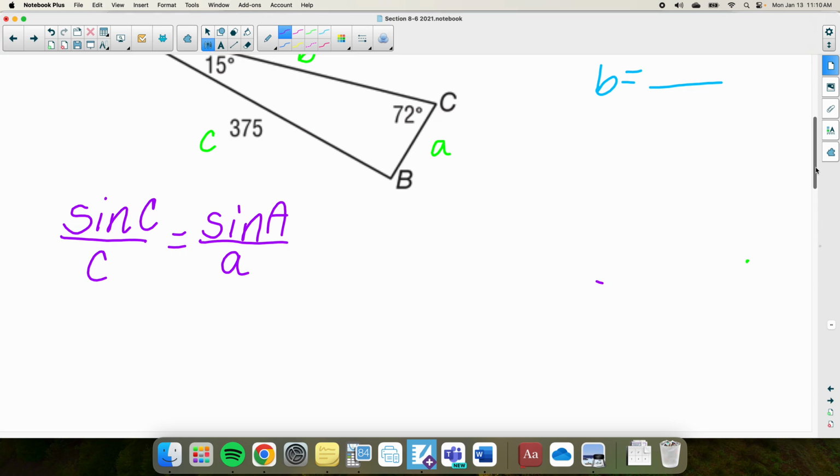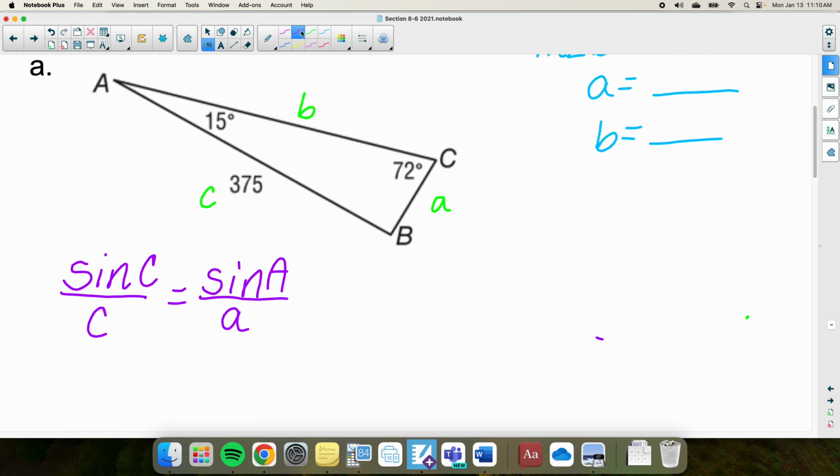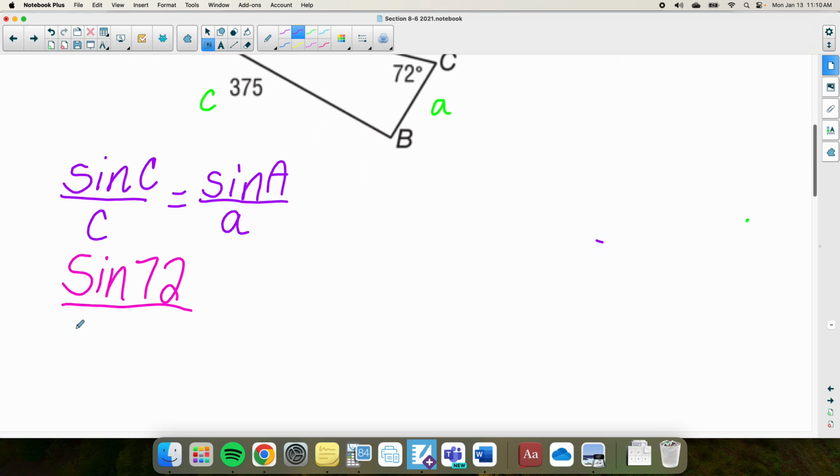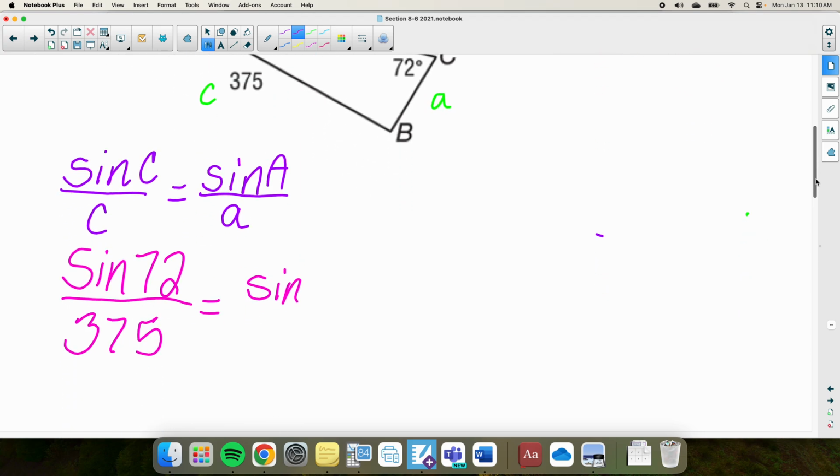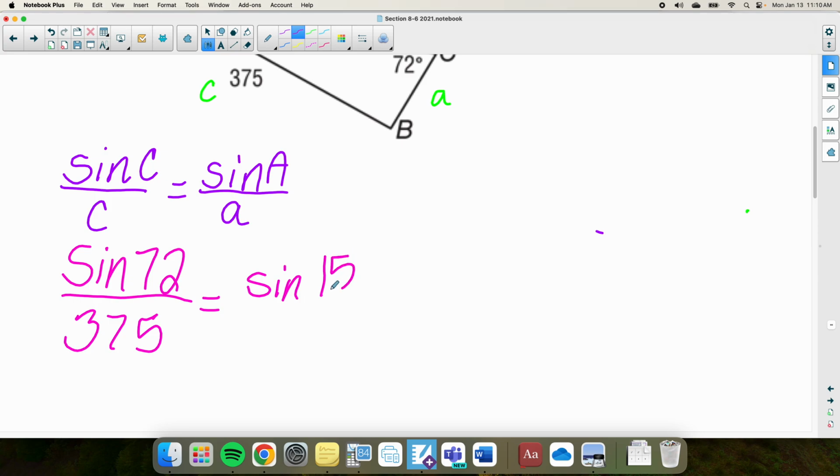Now I'm going to substitute in what I know, and this is going to be sine of C, which is 72, over little c, which is 375, equals sine of A, which is sine of 15, over little a, which is what I'm trying to find, okay?